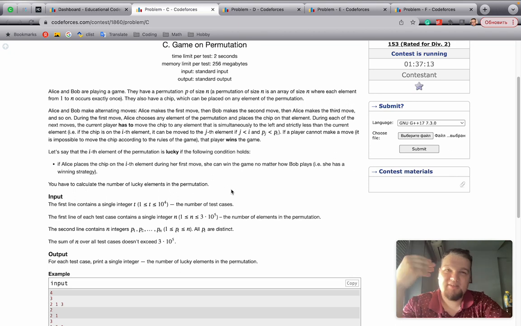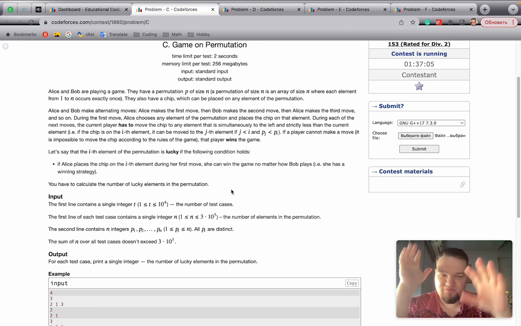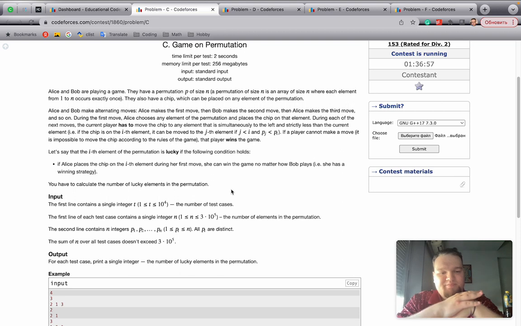And actually, after Alice places the chip first, it's Bob's move, so kind of Bob moves first. Well, it's a pretty standard game on a graph.